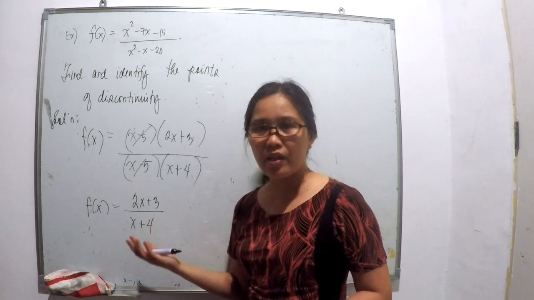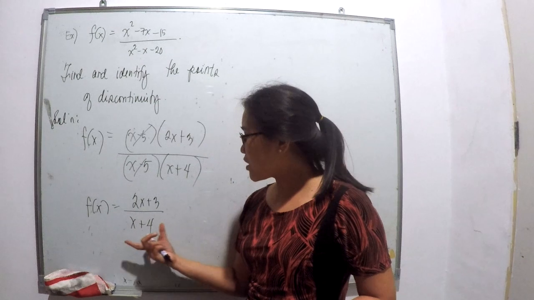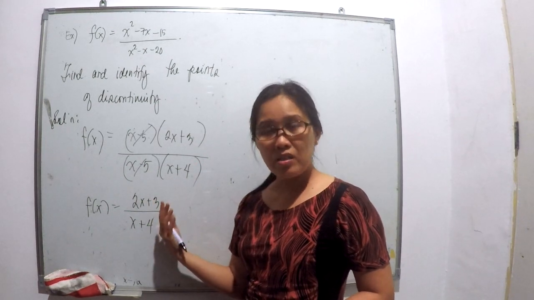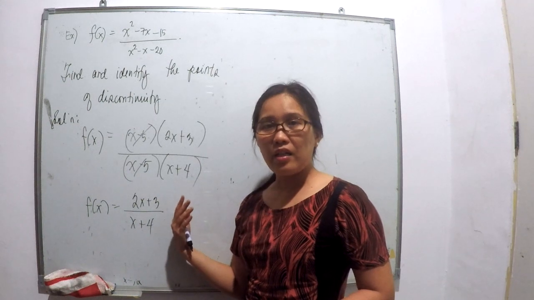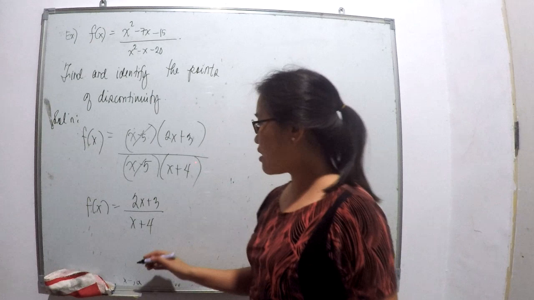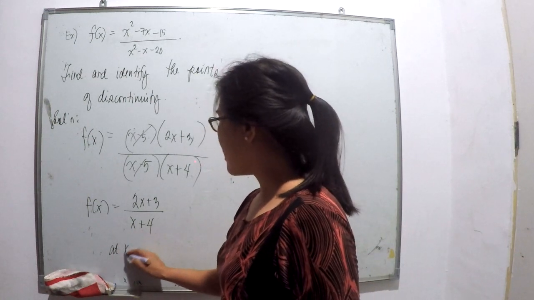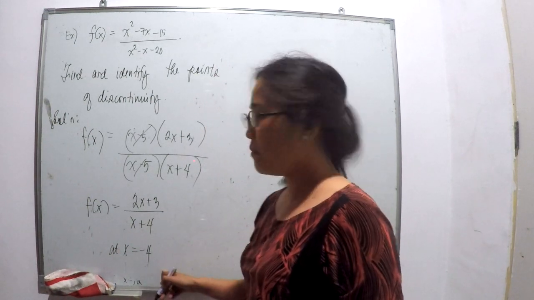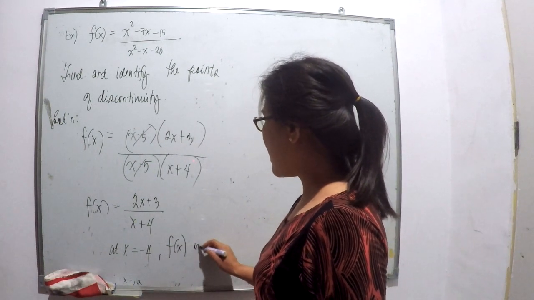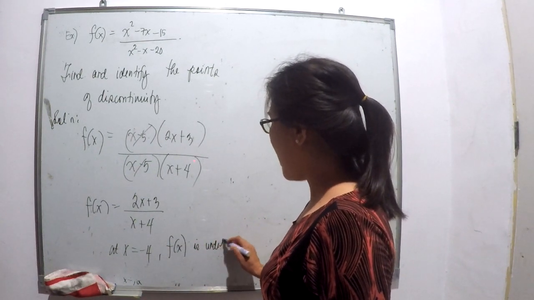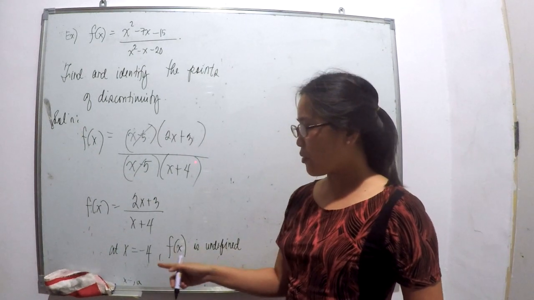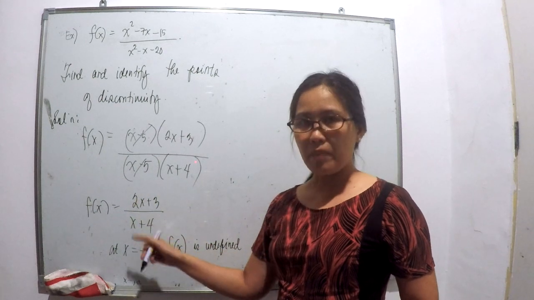But there's another type of discontinuity, because if x is equal to negative 4, the function must also be undefined. Yes, it's also undefined, because at x equal to negative 4, f of x is undefined. Why? Because if x is equal to negative 4, the denominator will become 0.